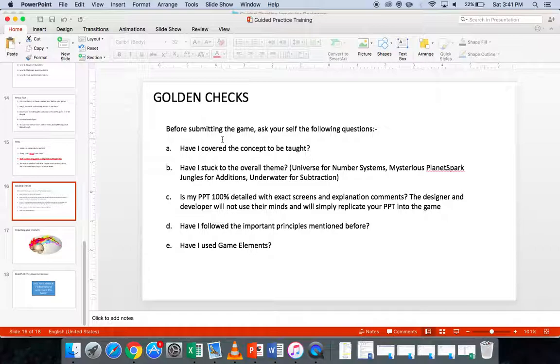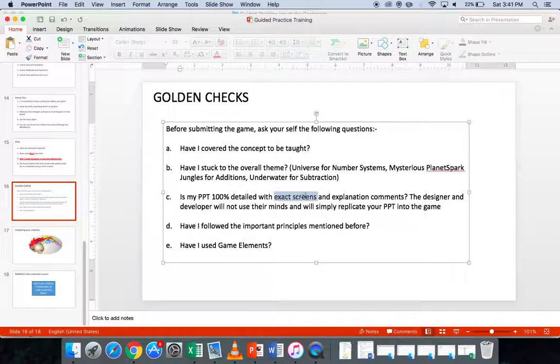The third question is: is my PPT 100% detailed with exact screens and explanation comments? I repeat, the question that you need to ask yourself before submitting your PPT is, is my PPT 100% detailed with exact screens and explanation comments?